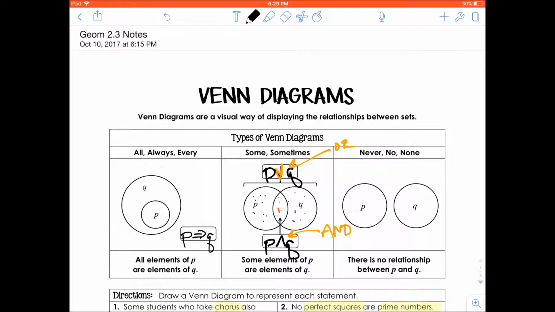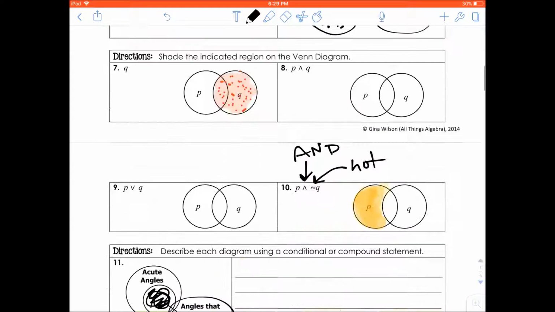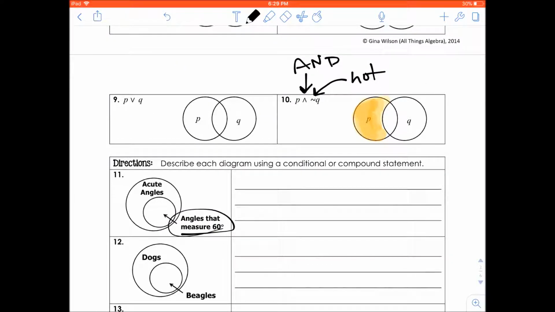So all of the things in this small circle are inside the big circle. In this case, all of the angles that measure 60. I'm going to need to type. Let me grab my keyboard. All right, let's see if the keyboard's ready to go.